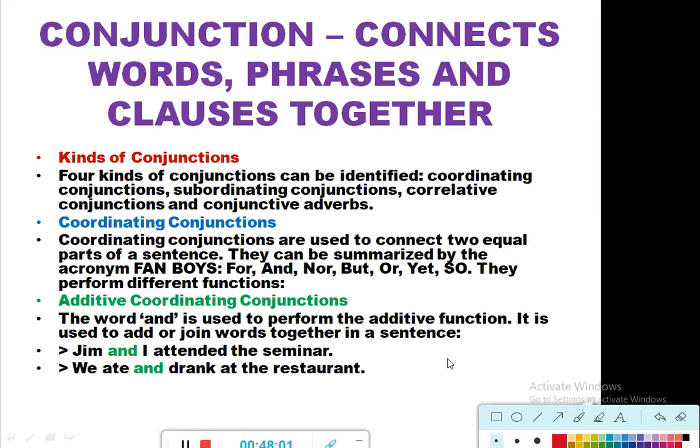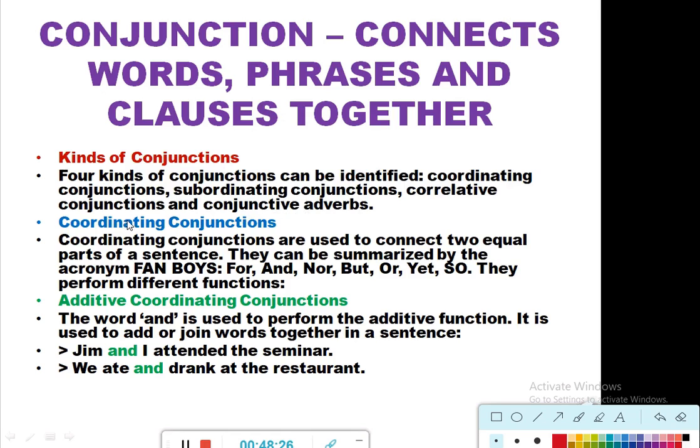The next part of speech we shall be looking at is conjunction, and the conjunction connects words, phrases, and clauses together. Kinds of conjunctions. Four kinds of conjunctions can be identified: coordinating conjunctions, subordinating conjunctions, correlative conjunctions, and conjunctive adverbs.